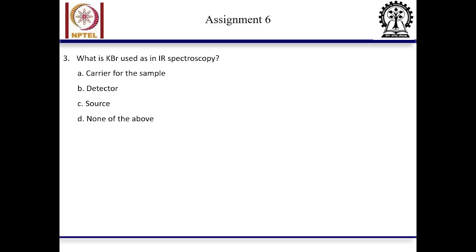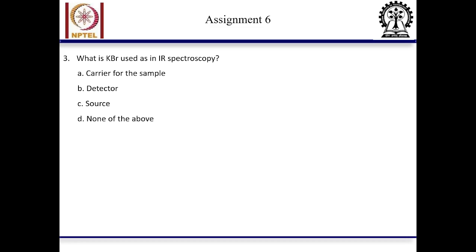Sweta, option C is not correct because we have already discussed the source. In the near IR region, we use the Nernst glower source, which is basically oxides of yttrium, I think three oxides are there, and nichrome wire or globar, which is the silicon carbide rod. So these are the three sources through which we can do the IR spectrum. So source is not there.